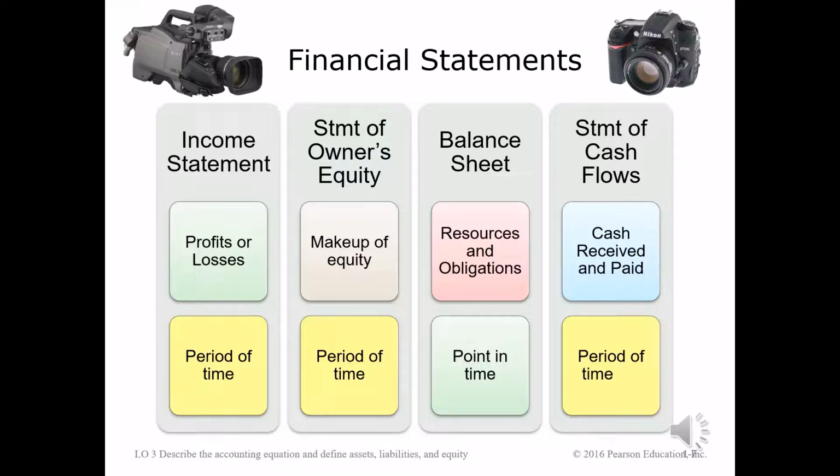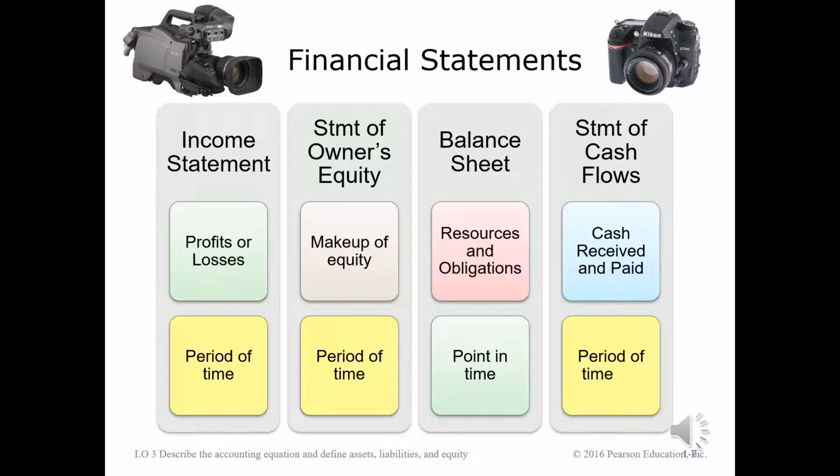One of the things that you need to understand is that 3 of these statements show information based on a period of time. That means you might see an income statement for a month. You might see a year's worth of information on an income statement. The statement of owner's equity you'll see for a year's period of time.